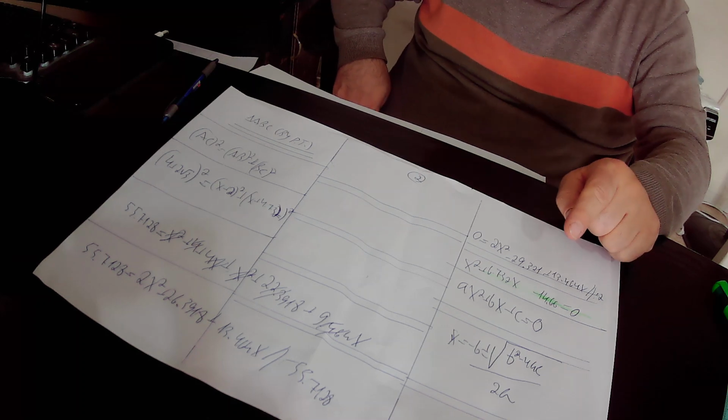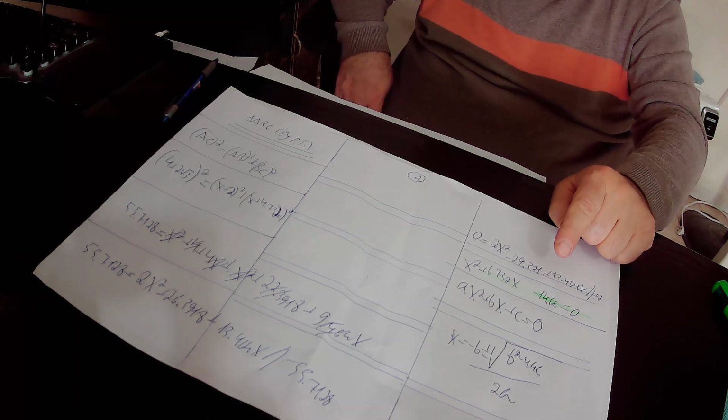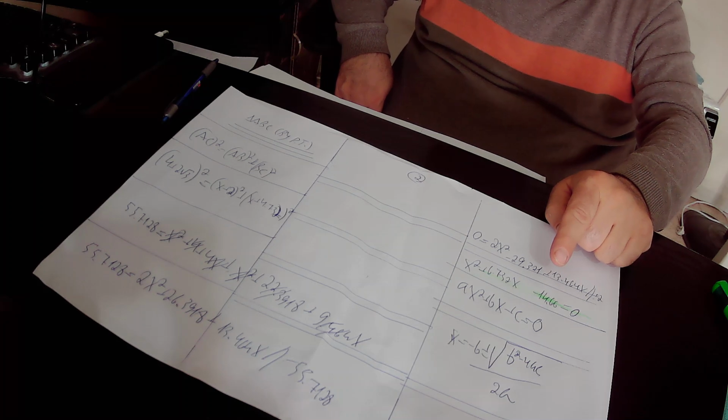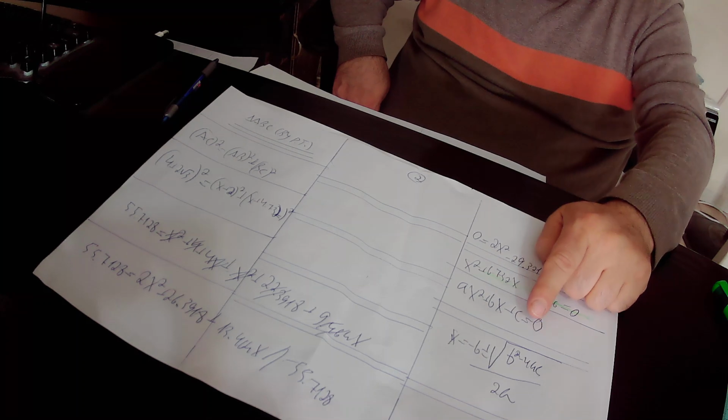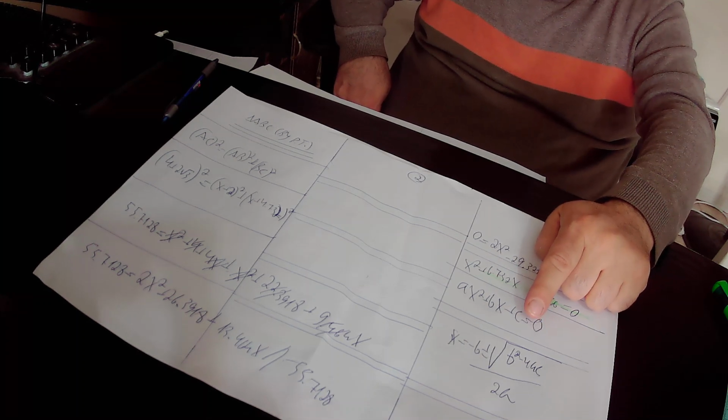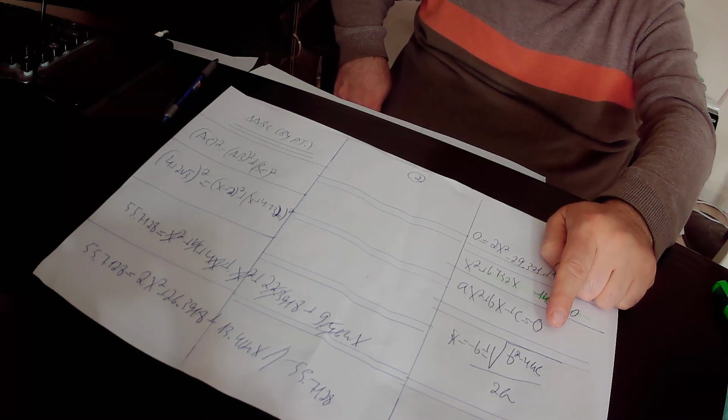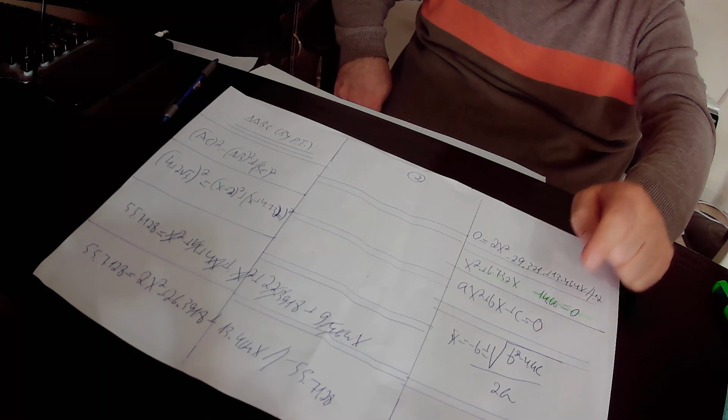And we find the value of x using this general formula, x equals minus b plus or minus the square root of b squared minus 4ac, over 2a.